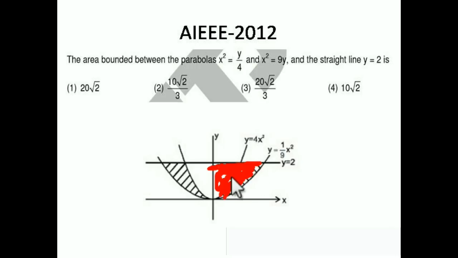Now this area minus the area made by the smaller parabola, that is this much of area. If you subtract both, then you will automatically get the remaining area, and this is only for one portion. You have to also find it for the other, so you have to multiply it with 2. Very simple question. Let's do that.